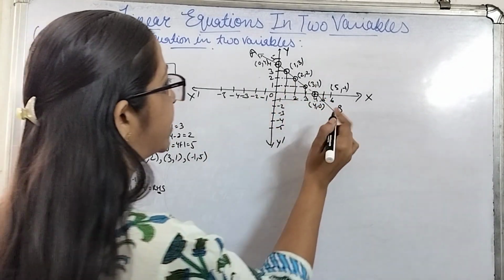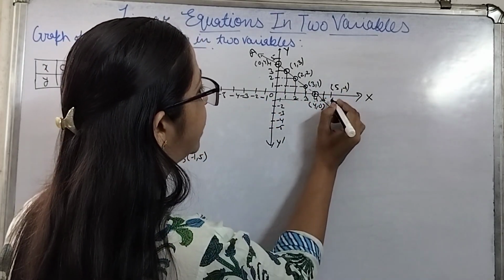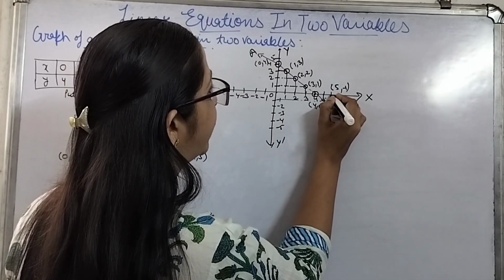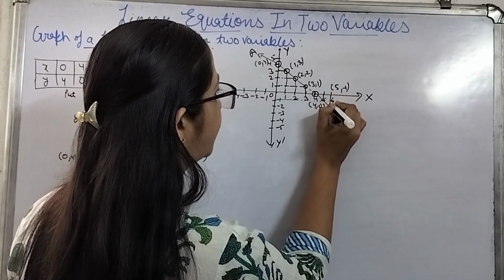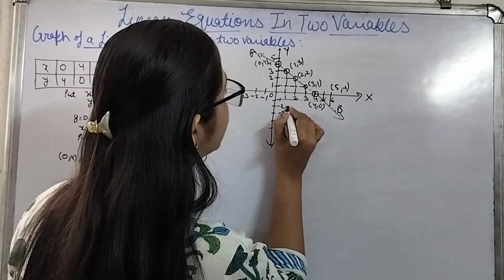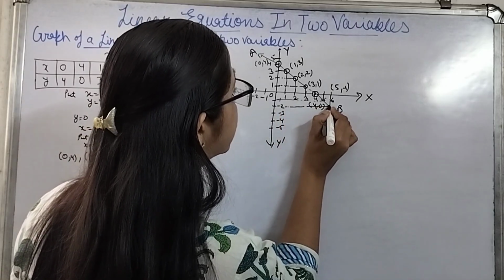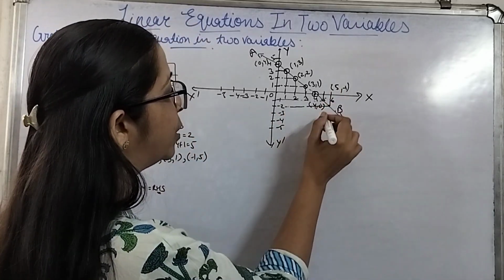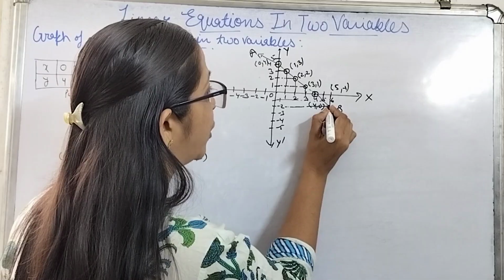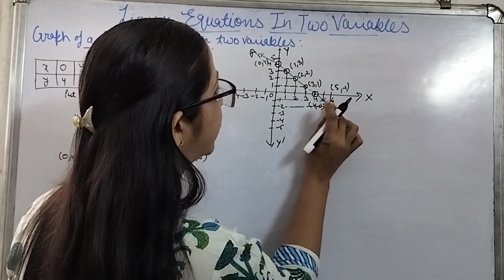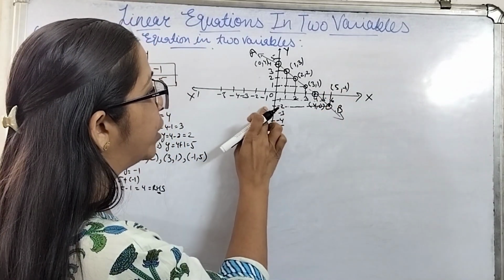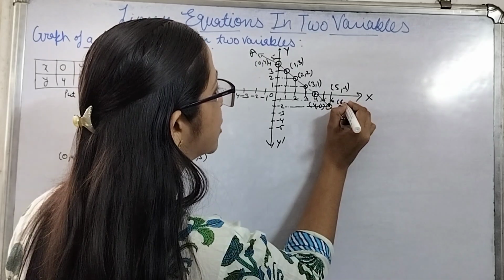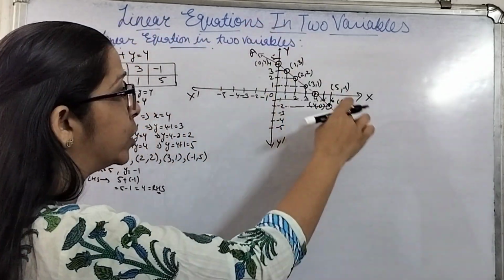Just now we have seen one example. Another example we can see: from here I have drawn a perpendicular on this line. Suppose this is the perpendicular, and from here also I have drawn the perpendicular. So it is the point of intersection of these two perpendiculars. That means this point has x coordinate 6 and y coordinate -2. That is your 6 comma -2 is on this line.